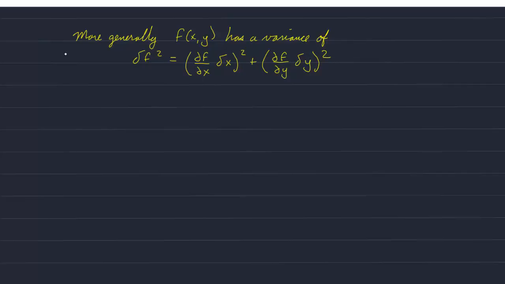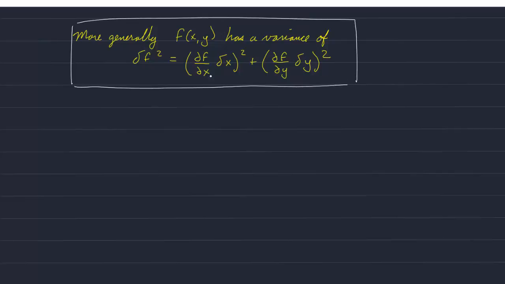So this is the general way to describe the variance of a function of 2 variables. And we'll look at some examples in the next video of how we would apply this.